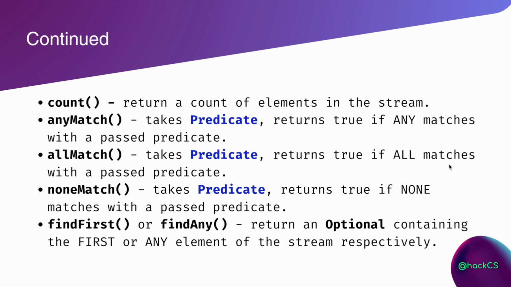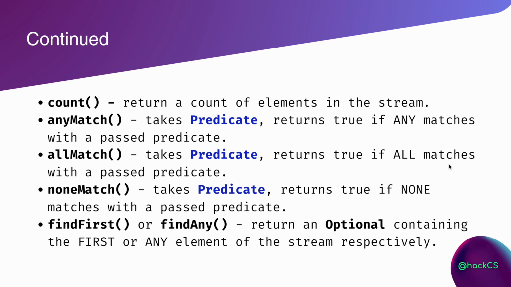They all take a predicate, and predicate is a functional interface which is sort of a boolean thing. Boolean gives us 2 things, either true or false. So here if any value matches, it will give us true. If all values match, it will give us true. If none of the values match, it will give us true.